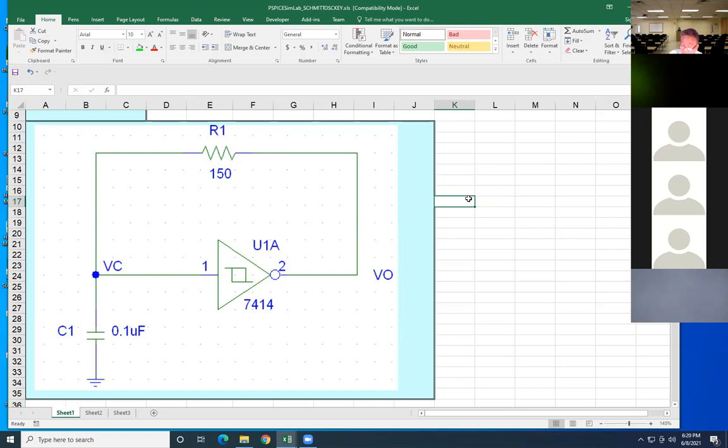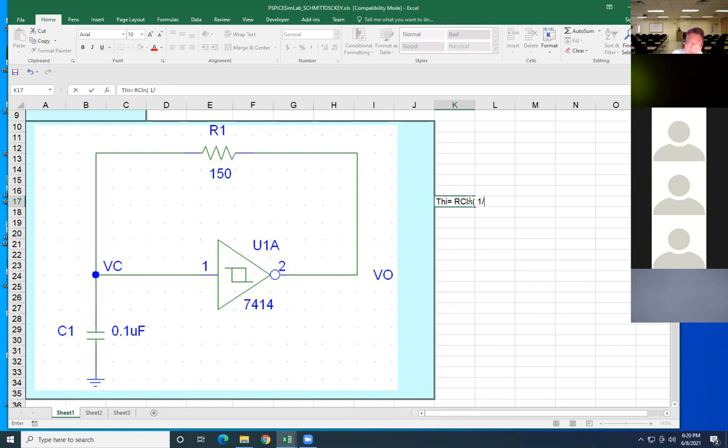We're using the formula 1 over 1 minus delta VC over E. T high equals RC log 1 over.